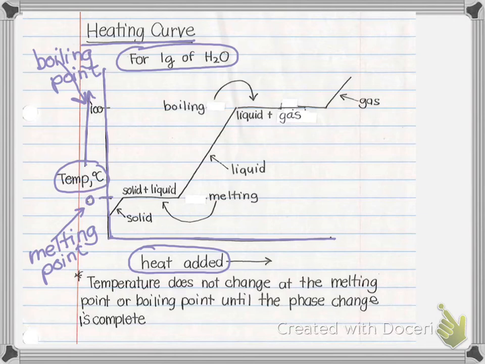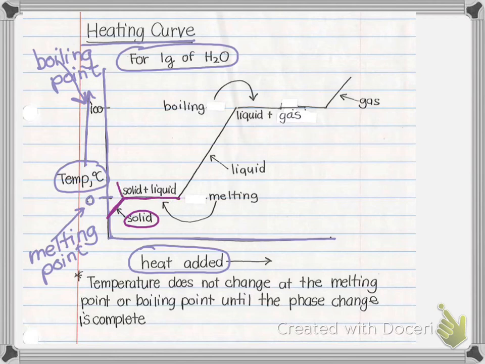I think it's fun. All a heating curve is basically watching the temperature as you add heat and melt the substance, or add heat and change the phase of the substance. So you start somewhere below the melting point, and if you're below the melting point, you would be a solid. Once you hit the melting point, what you see, and this is what I think is so cool, is that the temperature stops changing, and you get this plateau.